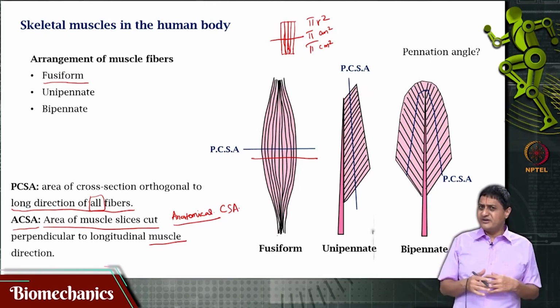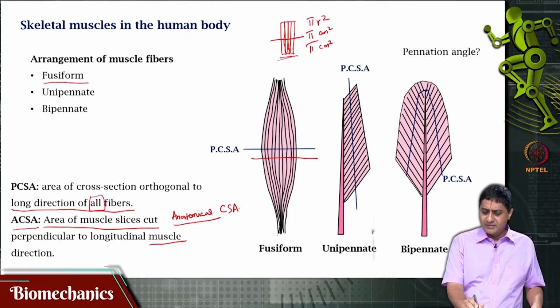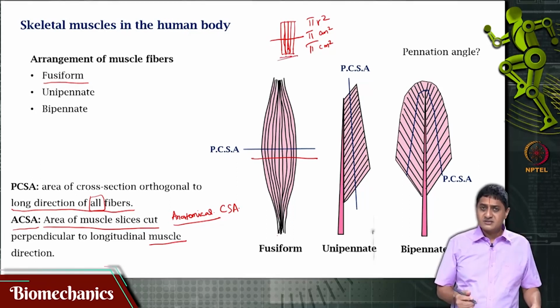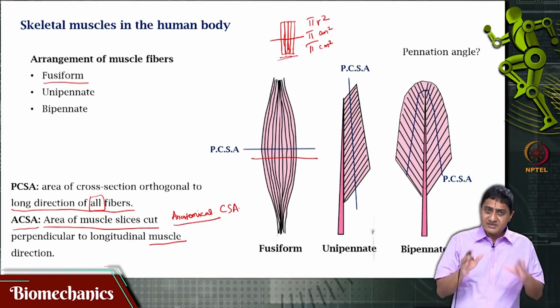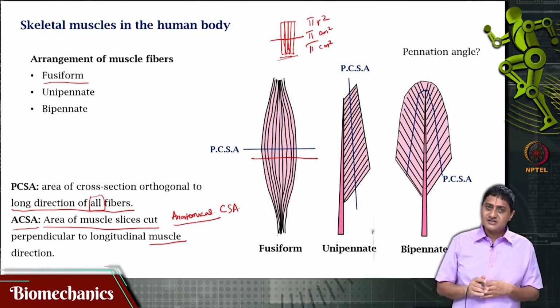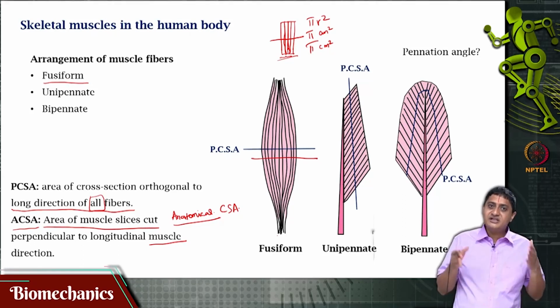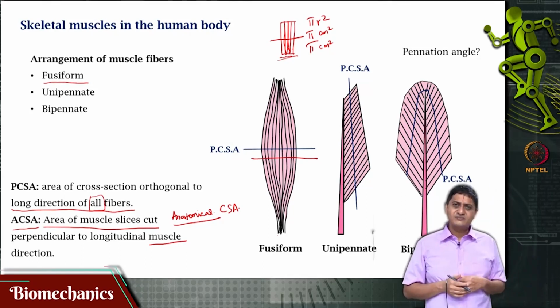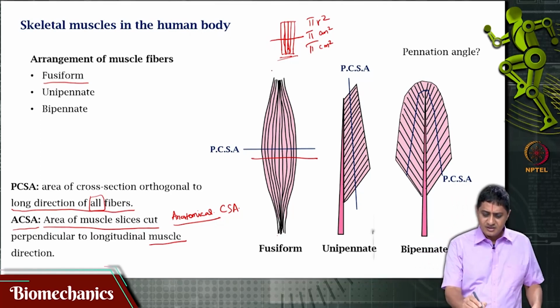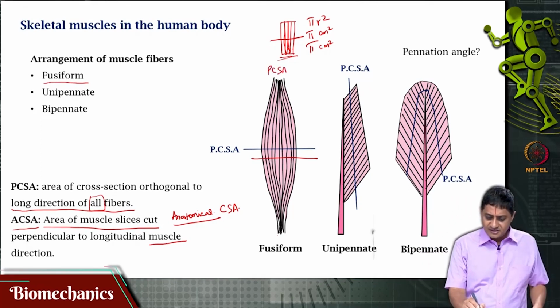This would not be different in the case of the parallel fibered muscle as we have seen, because the section that you are making for the muscle as a whole is the same as the section that you would be making for the set of fibers. It would be the same. So, physiological cross sectional area would be equal to the anatomical cross sectional area in parallel fibered muscle.